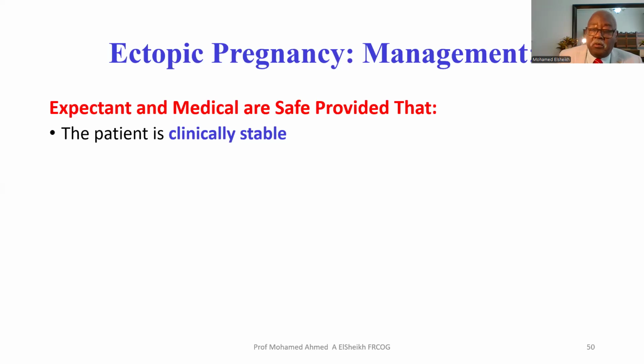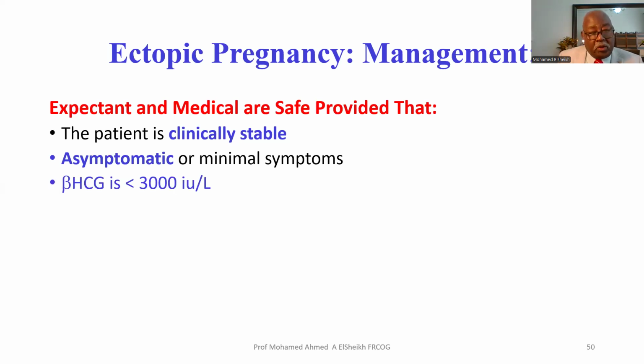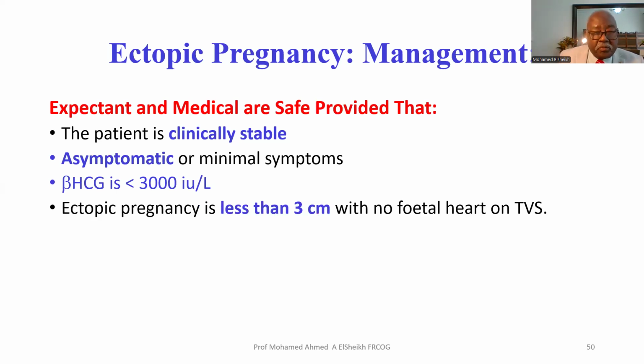Still, you can use expectant management or medical management, provided that the patient is clinically stable, with no symptoms or very minimal symptoms, asymptomatic. The beta HCG is less than 3,000 international units per liter. The ectopic pregnancy is less than 3 centimeters with no fetal heart on transvaginal sonography.